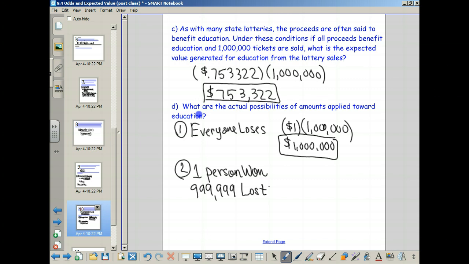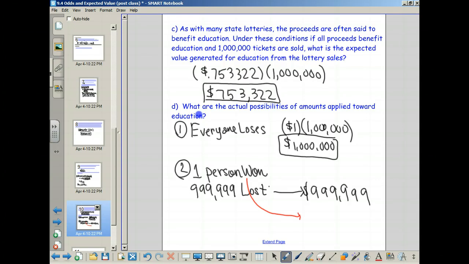All those people still gave you $1, and so you still made $999,999 from those people, right? So this right here generated $999,999. Okay, those people still paid in the money and they didn't get anything for their money. Except they put a smile on their face and said, right? Or not.